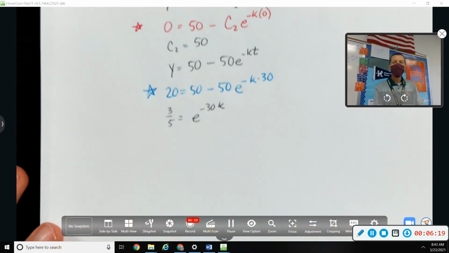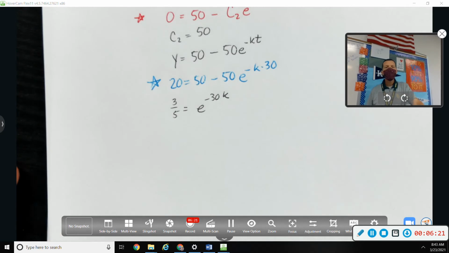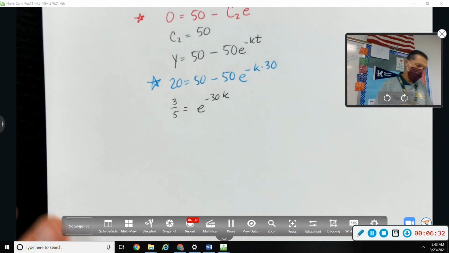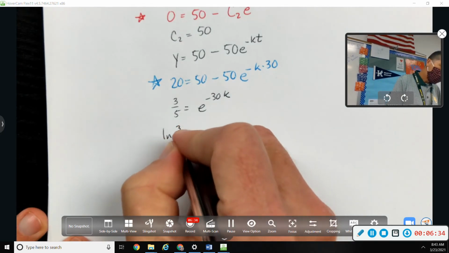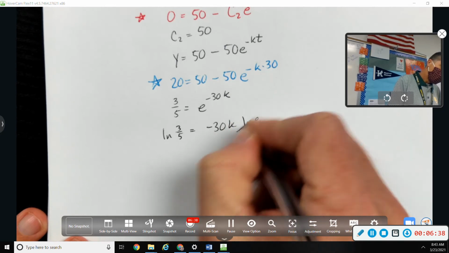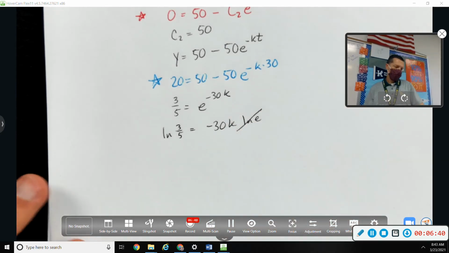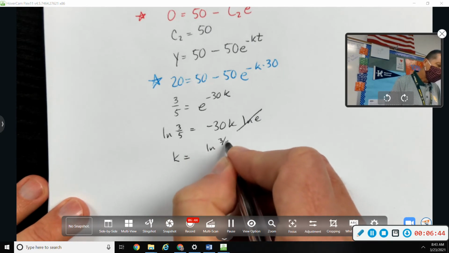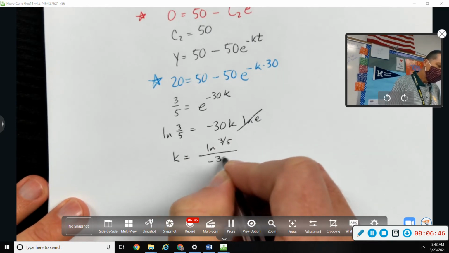Is that too many steps? That would end up with 3/5 equals e to the negative 30k. Right, negative 30 divided by negative 50. Natural log both sides. And so k is natural log of 3/5 over negative 30.